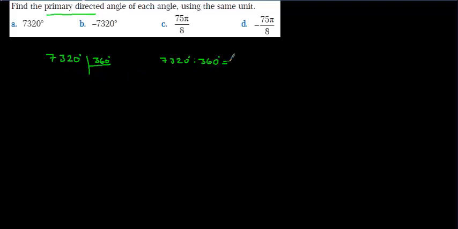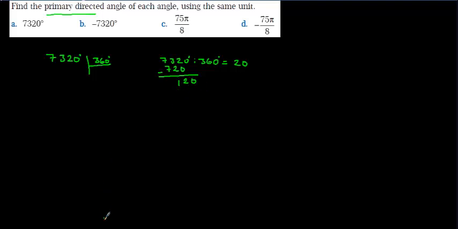Then the result is going to be equal to, here how many times we have 360 in 720, 2 times we have. That's going to be 720 exactly, and when you subtract, the result is going to be, so there are 20 times 360 in 7,320, and the remainder is 120.